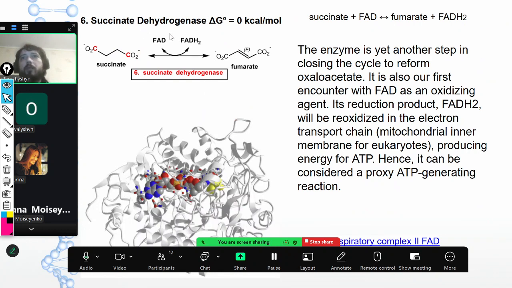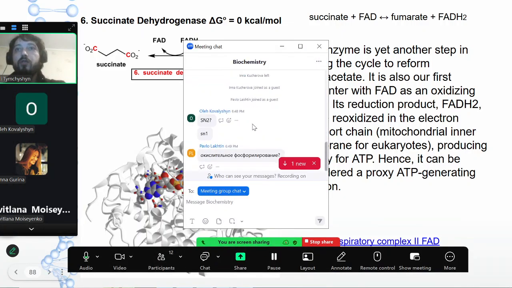One more step. This is yet another step in closing the cycle to reform oxaloacetate. So we have already gained a little bit of energy in form of GTP, and we have gained some sort of NADH that we can use later to get energy in form of ATP. Now we should return somehow.